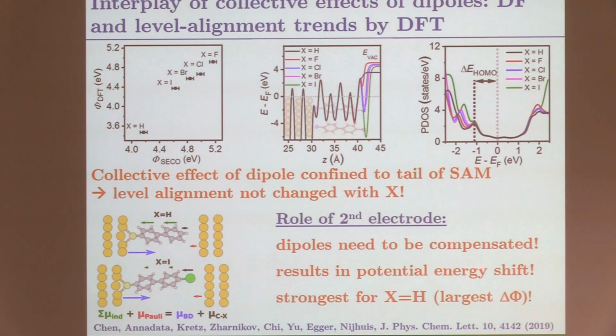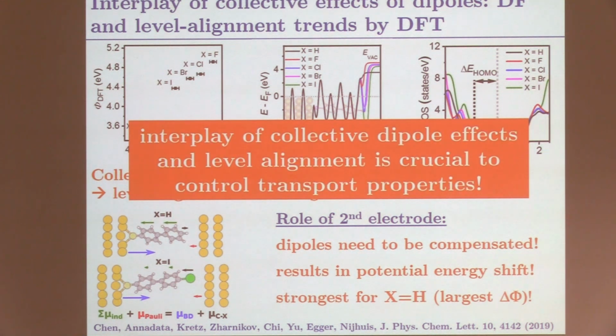That compensation to reach equilibrium between the left and the right electrode was found to be strongest for hydrogen. It causes charge rearrangements inside the layer, and that slightly changes the energies of the molecular states in that monolayer. And then we found that this shifts the HOMO of hydrogen closer to the Fermi level, explaining its increased conductance.